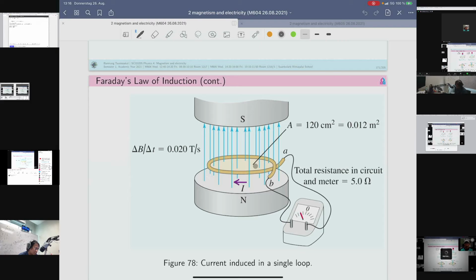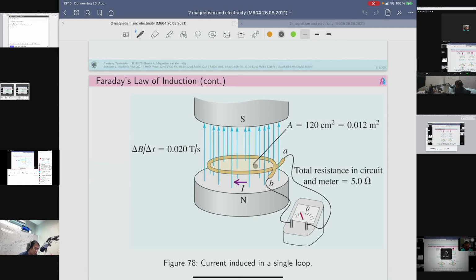And assume that someone can control this permanent magnet, so the magnetic field changes. They don't say from what value to what value, so they just say that there is a change of the magnetic field per time of 0.02 Tesla per second.